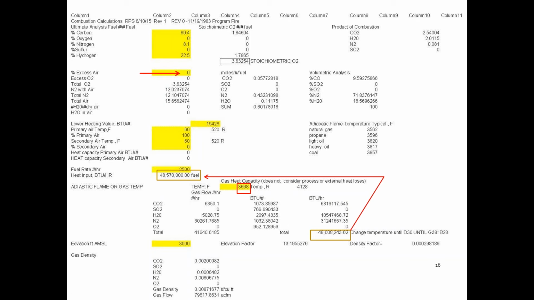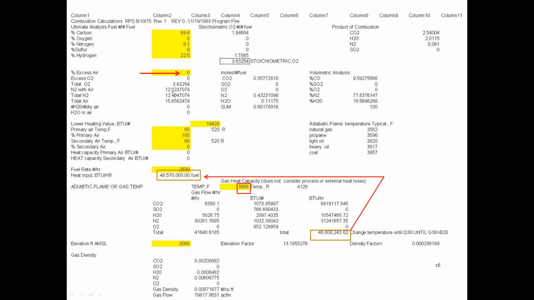Right, so that's the yellow up top here, right? And going over to the right, you'll see that we calculated the products of combustion. Right. So many pounds per pound of fuel. And where the arrow is, that's saying there's no excess air. Hence, stoichiometric conditions. Right.